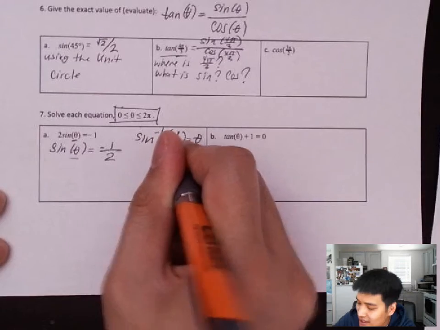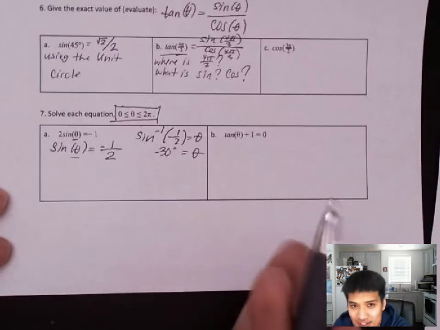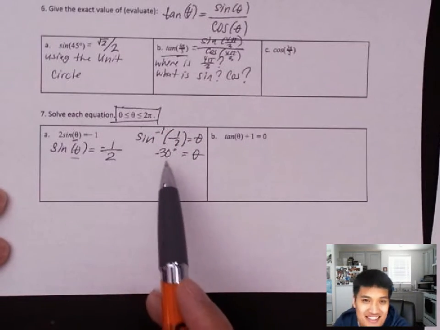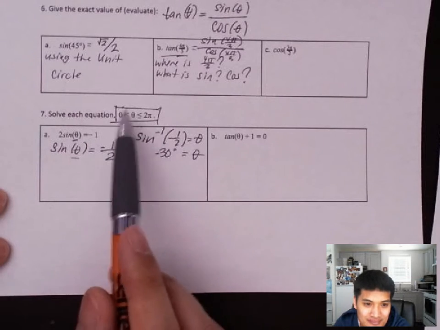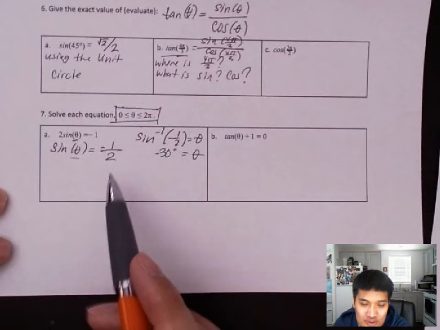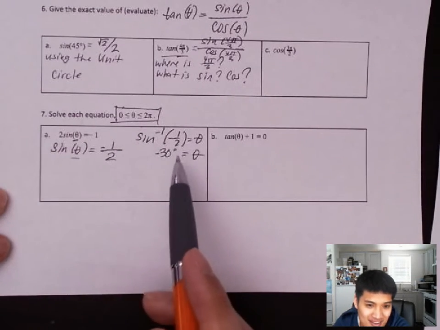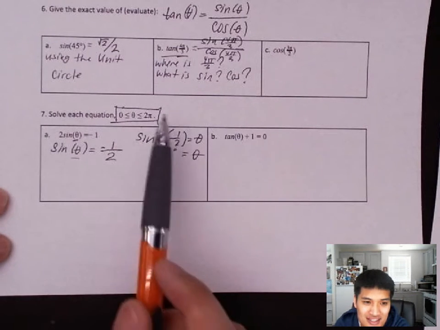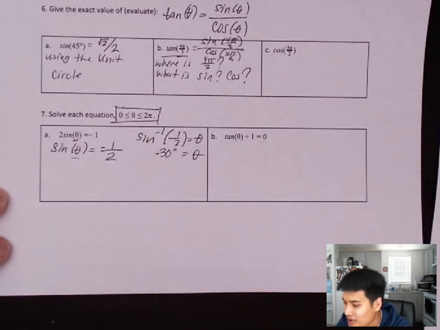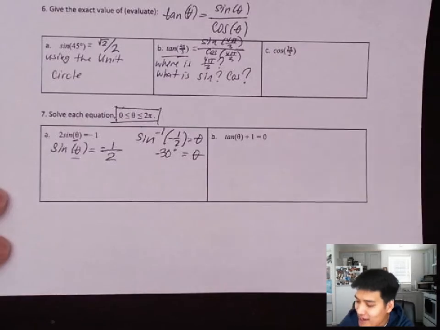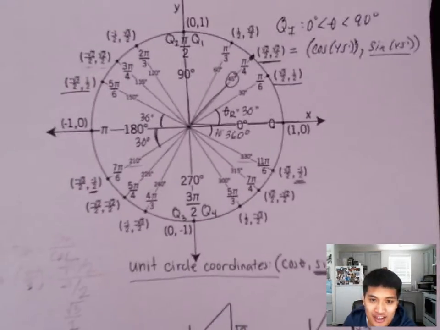That's what you would get in your calculator. However, this is not in our interval. It looks nice and technically is correct, but it's not in the interval. So what I'd recommend is to reference your unit circle again.